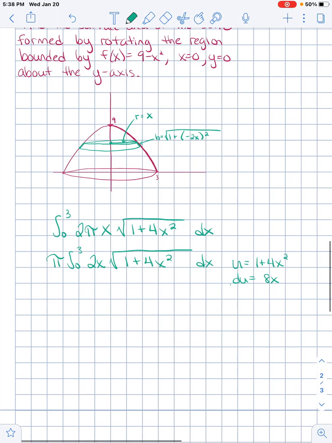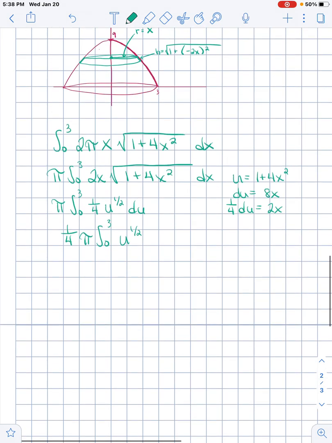So if I just make it 1/4 du, then that will be the 2x that we need. If we rewrite this, we end up with 1/4 u to the 1/2 du. If I pull the 1/4 out, 1/4 pi.